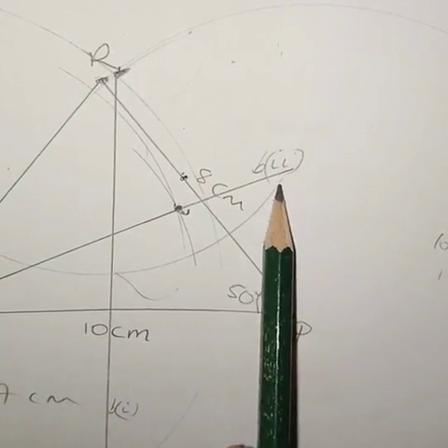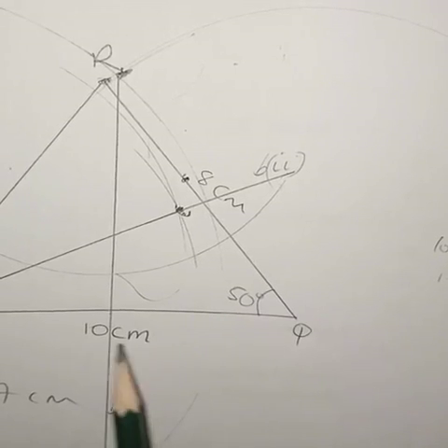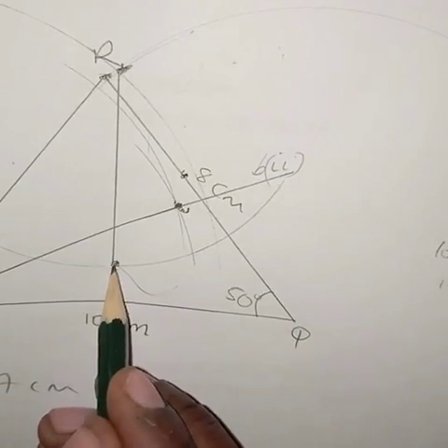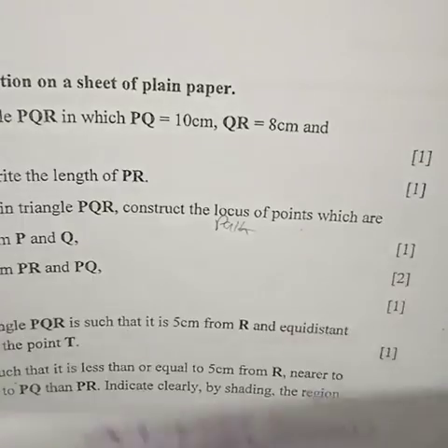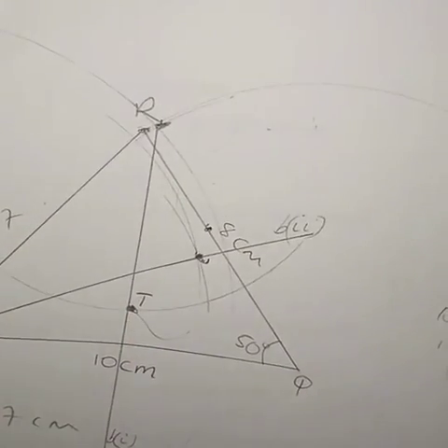So 5 centimeters from R is here, equidistance from P and Q is this one, so they are meeting here. That's where the point T must be. I label T.